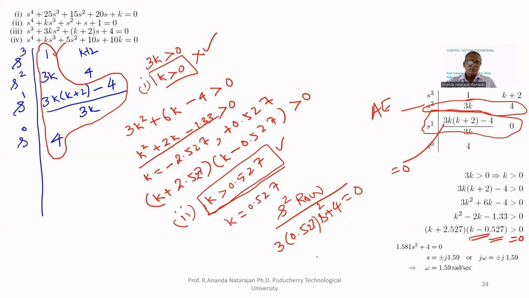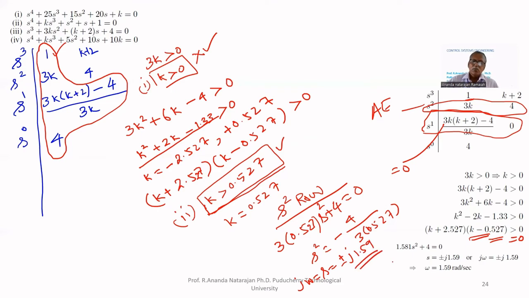If you substitute that, S^2 equals minus 4 upon 3.527. If you find S, that is j omega, S equals plus or minus j 1.59.